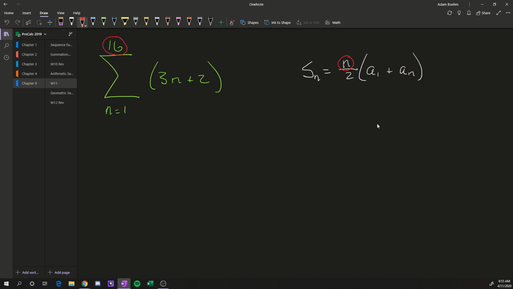In order to get from 1 to 16, there are 16 terms. The first term, a1, is just 3 times 1 plus 2, which in this case is just 5. And then the 16th term, the nth term, is equal to 50.